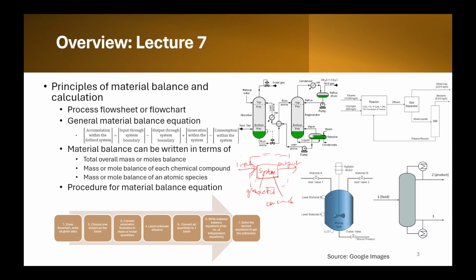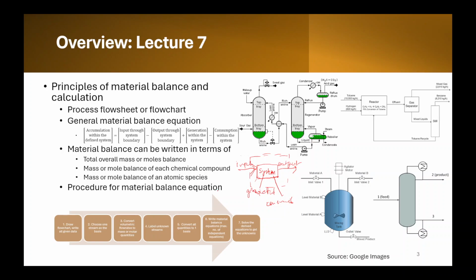Also, the material balance can be written in terms of the total overall mass or mole balance. If the inlet streams and the outlet streams are there, and there is some generation and consumption as well, but you want the overall balance, you can write the total overall mass or mole balance.